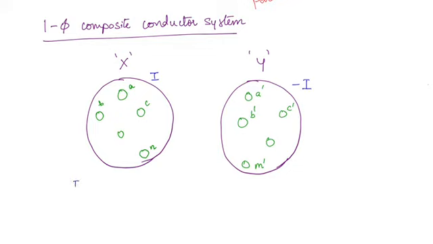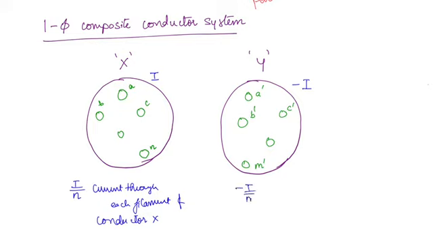I by N current through each filament of conductor X. Similarly, what will be the current in each filament of conductor Y? It is going to be minus I by M, because here we have M number of filaments.